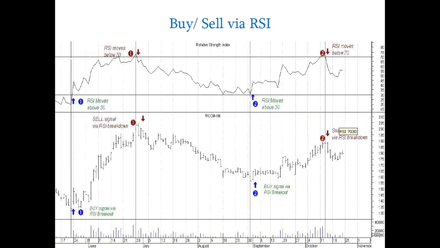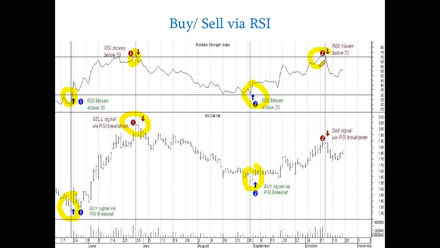Next slide, which simply shows how you can generate a buying and selling signal. Let us see here. When the RSI moves above 30, it gives a buy signal. The RSI went to the overbought, it broke below 70, it gave a sell signal. Again, when the RSI broke above 30, it gave a buy signal.